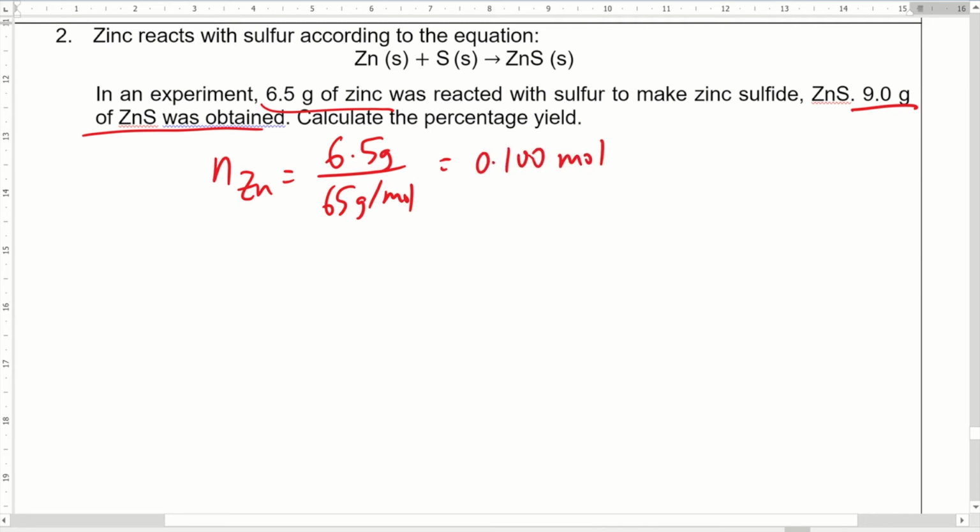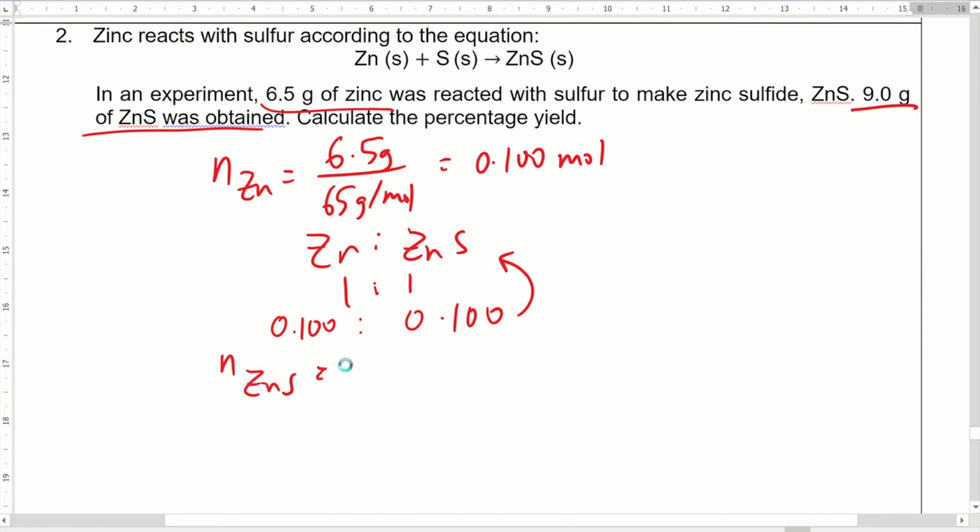0.100 mole. So zinc to make zinc sulfide is 1:1. 1 mole is to 1 mole. So if you are only given 0.100 mole, you will produce 0.100 mole of zinc sulfide. What is the mass of zinc sulfide?